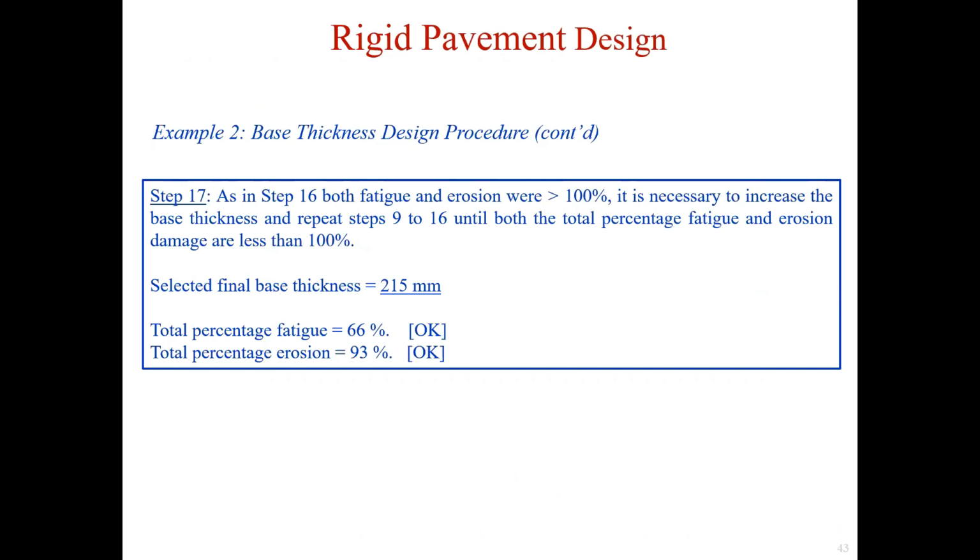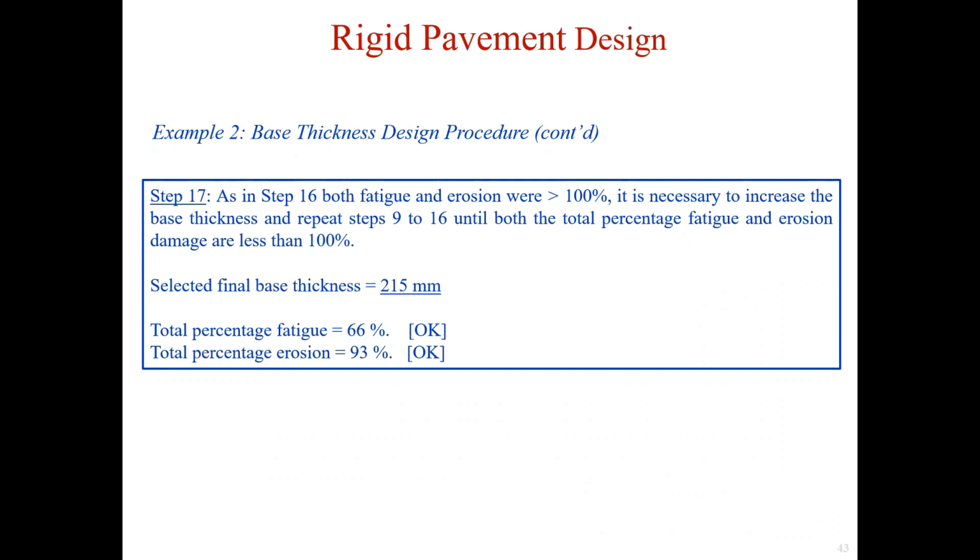From step 16, we can see that both fatigue and erosion damage were greater than 100%. So the trial design is deemed unacceptable. We have to increase the base thickness and repeat steps 9 to 16 until both the total percentage of fatigue and erosion are less than 100%.